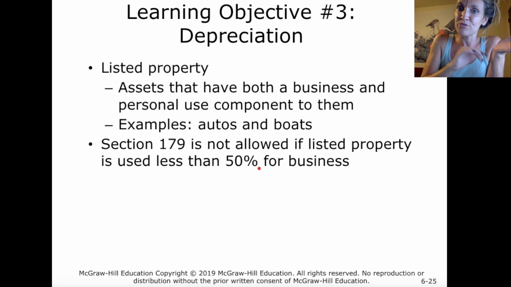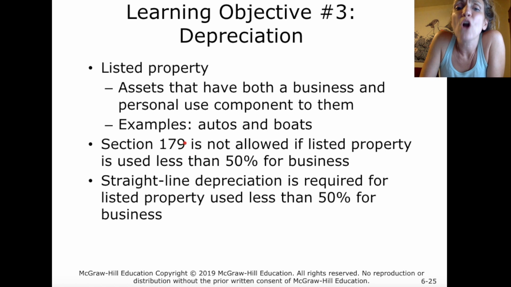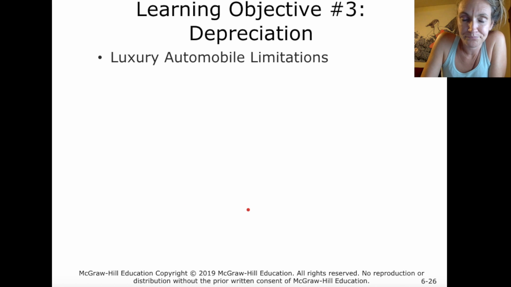So they can't be used more than 50% for personal and take that type of depreciation, which would only be on the portion that's used for business. Straight line depreciation is required for listed property that's used less than 50% for business.